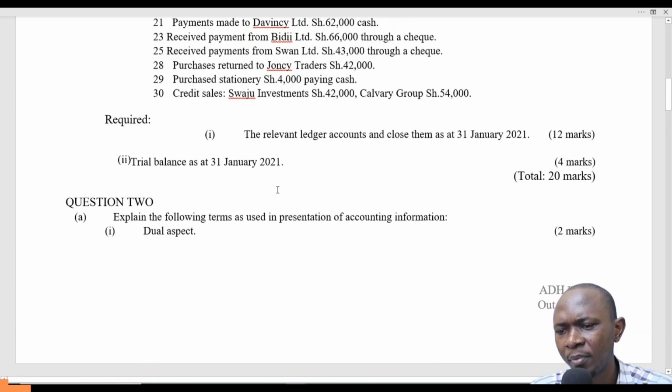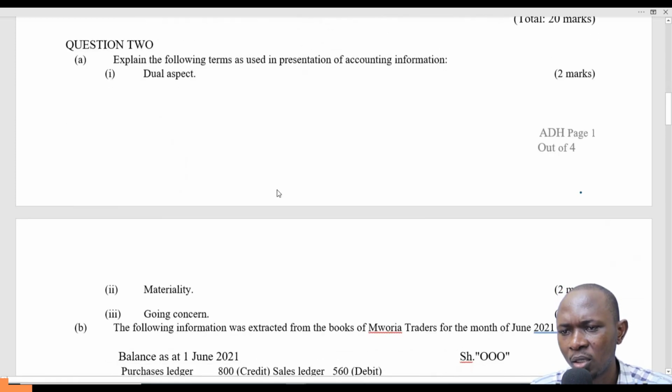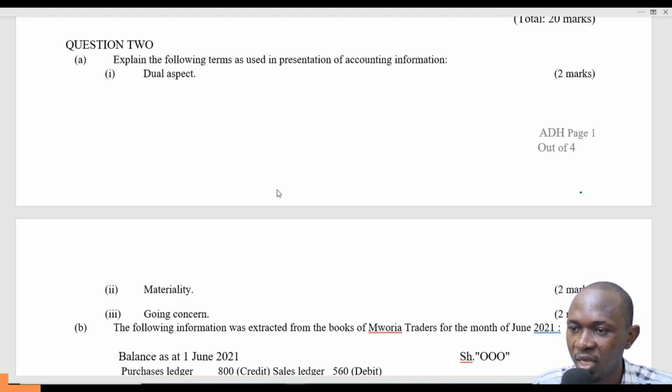So we'll start with part A of the question. Explain the following terms as used in the presentation of accounting information. So dual aspect. Dual aspect is also called duality, the concept of duality, or double entry.